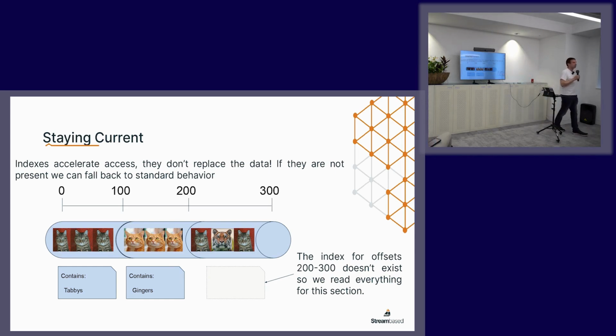We just fall back and read it. We just don't get any acceleration out of it. We go, okay, no indexing. I don't know if I should read 200 to 300 or not, so I'm going to. And what that means is you get all the benefits of having your super low latency, really up-to-date Kafka system, but you're able to extend your queries into massive ranges in the past and pull out all of the data that you want.